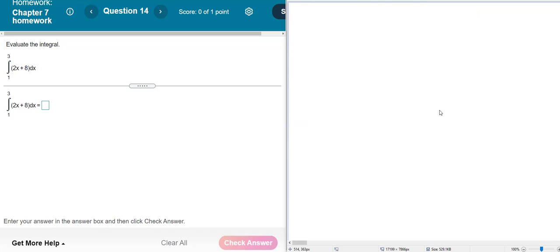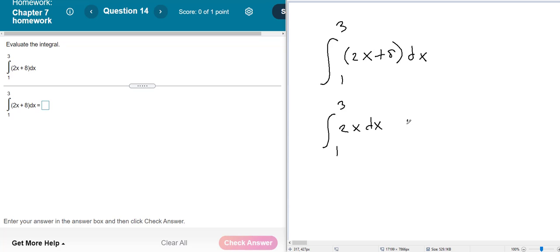So we're going to evaluate the integral in question number 14 from 1 to 3 of 2x plus 8 dx. So we're going to split this apart: from 1 to 3, 2x dx plus from 1 to 3, 8 dx.